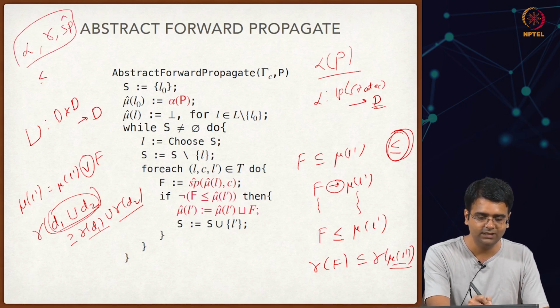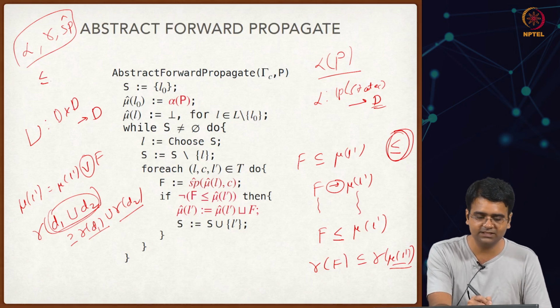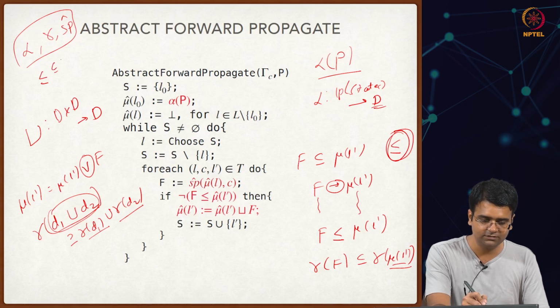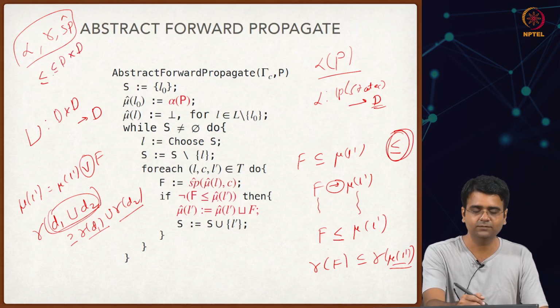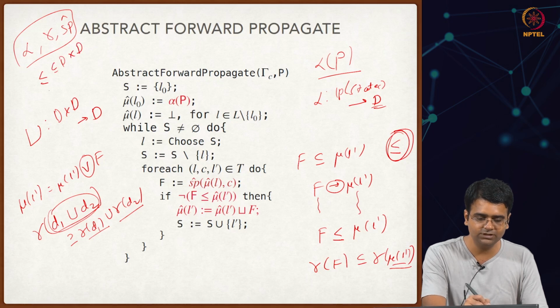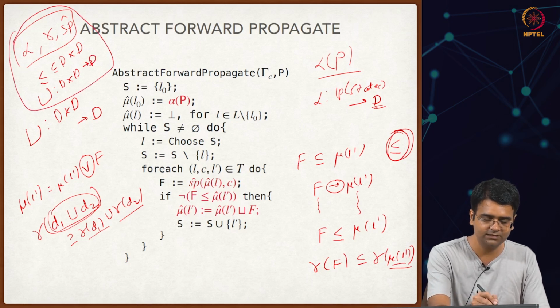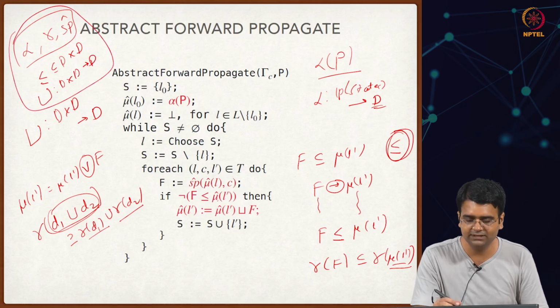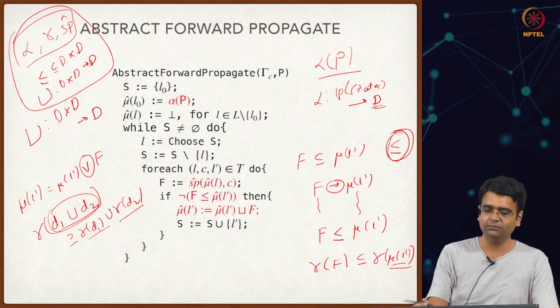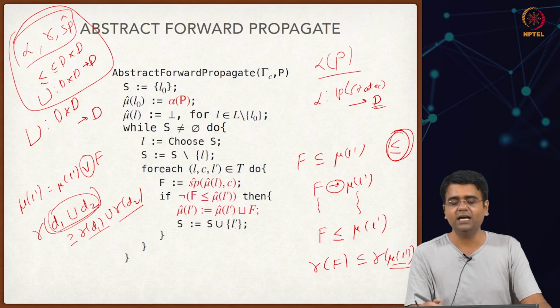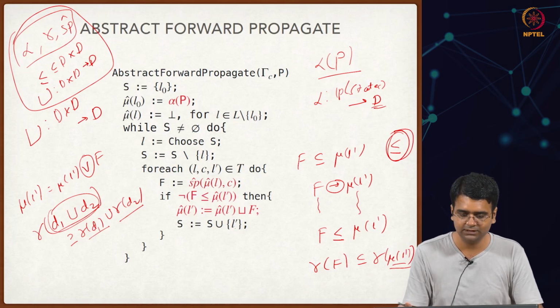One is the ordering, less than or equal to, over the elements of the abstract domain, which is a relation over those elements. And I also need the join operator over elements of the abstract domain. If I have all these things, then I can execute this abstract forward propagate algorithm and execute the program in the forward direction over the abstract domain D.